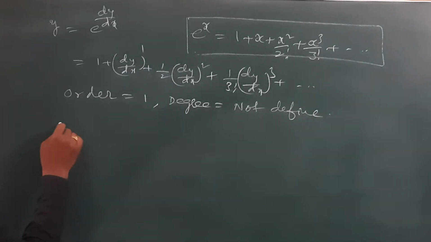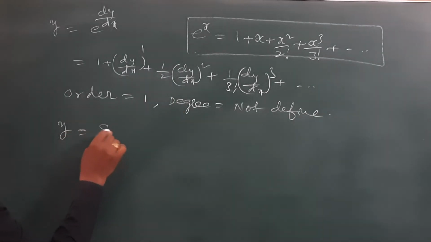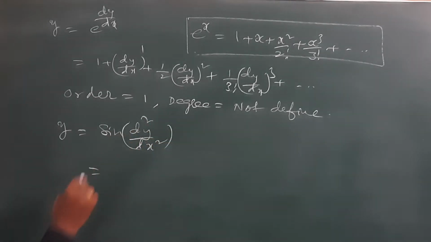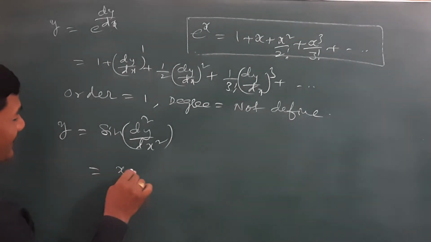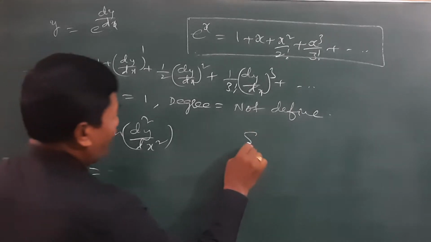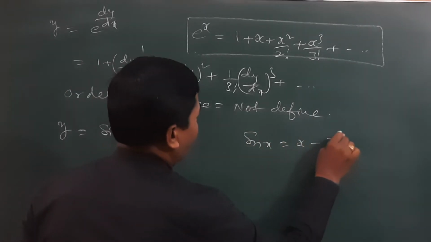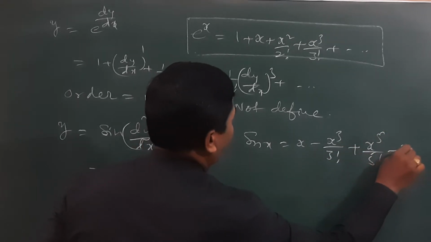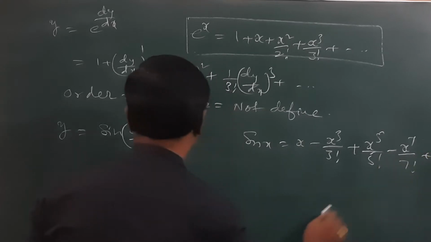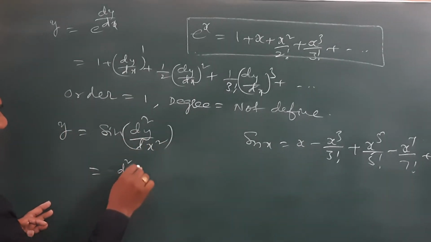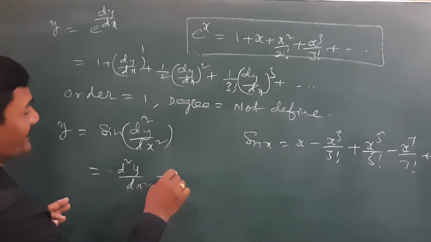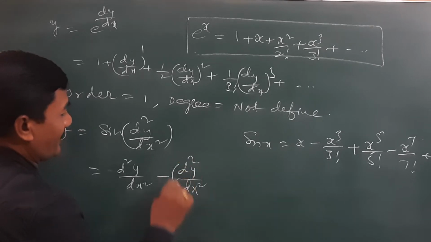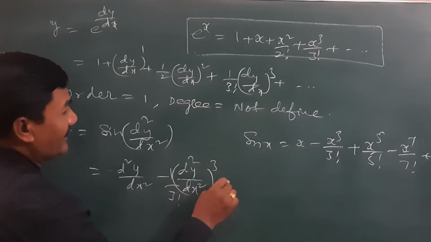Similarly, y is equal to sine of d square y by dx square. Again a Maclaurin expansion: sine of x is equal to x minus x cube by 3 factorial plus x power 5 by 5 factorial minus x power 7 by 7 factorial and so on. Similarly, we replace x with d square y by dx square minus (d square y by dx square) whole power 3 into 1 by 3 factorial plus and so on.